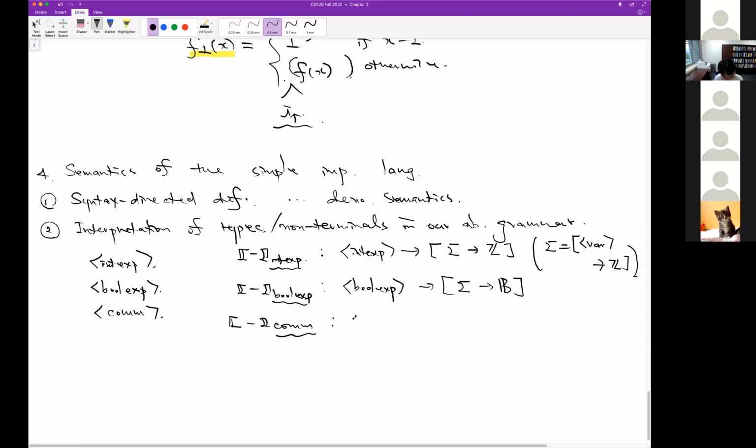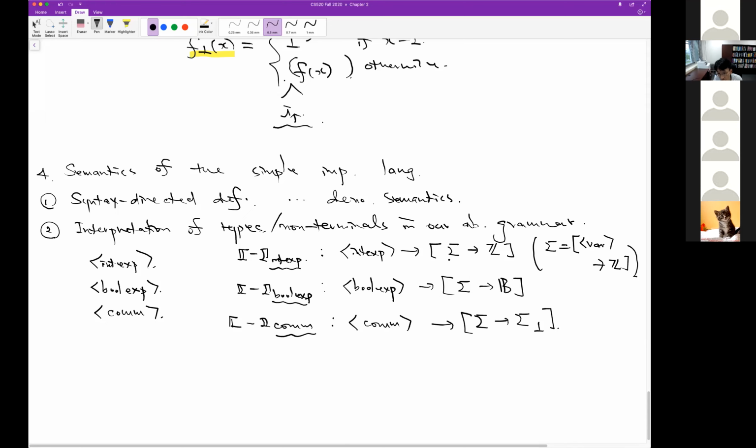For commands, it's going to be a mapping that takes an input state and gives an output state, but the output will be lifted.